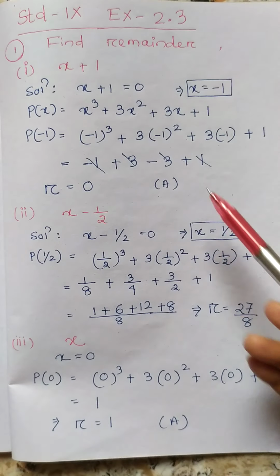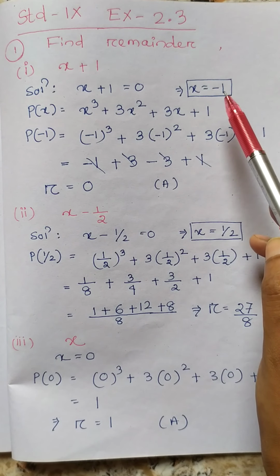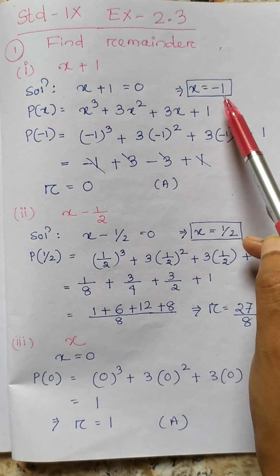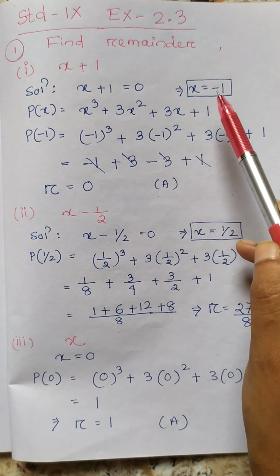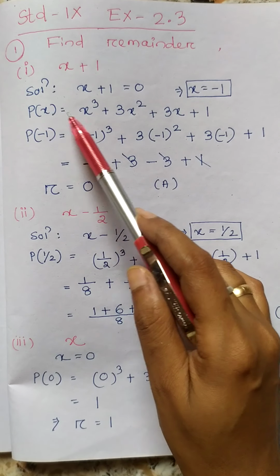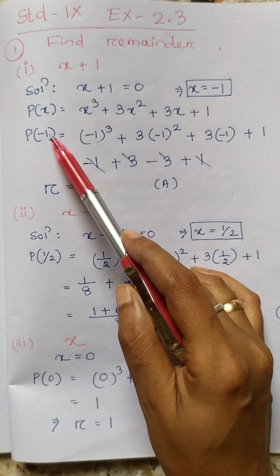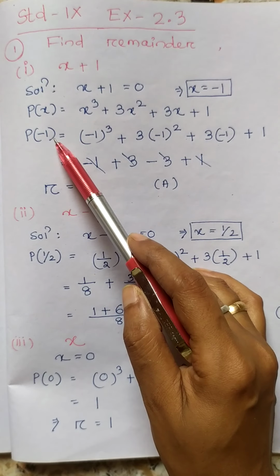So x plus 1 equals 0. Solving this we get x equals minus 1. So directly we have to put this value of x in the given p of x, the dividend. Now putting x as minus 1, we write p of minus 1.